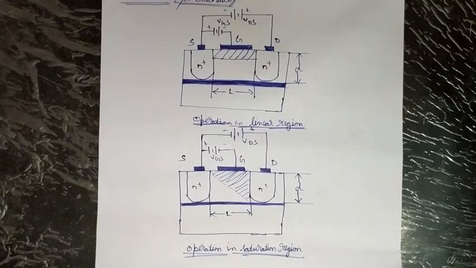As the drain source voltage increases, the space charge region near the drain contact increases as well, resulting in a non-uniform distribution of the depletion region along the channel.